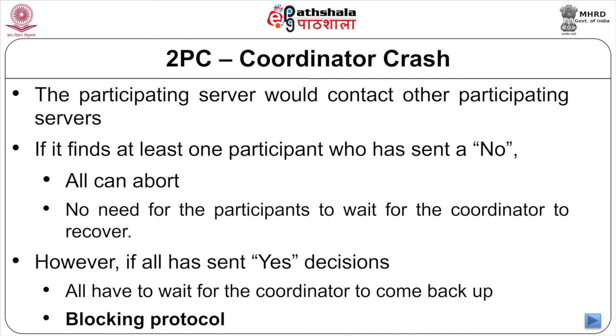However, if it finds that all the participating servers have sent a yes, then it has to wait till the coordinator has come back up, and this is why this is a blocking protocol. So, this is the problem of the two-phase commit protocol. This is one single problem point why the two-phase commit protocol is called a blocking protocol.